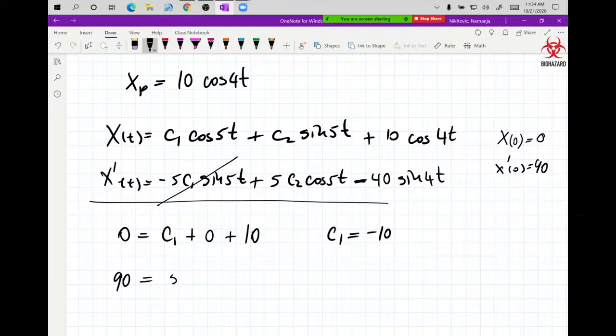The second one is the one that survives: 5 c2 cosine 0. And then the last one dies as well because sine of 0 is 0, and 40 times 0 is 0. So from here, oh, cosine of 0 is 1. I was looking for what was wrong. C2 is 90 divided by 5, that's 18.